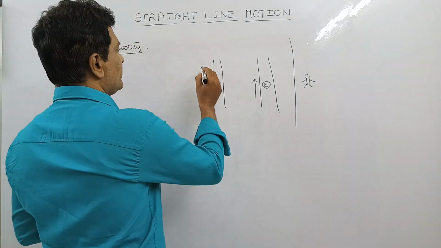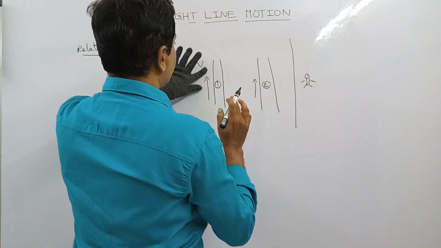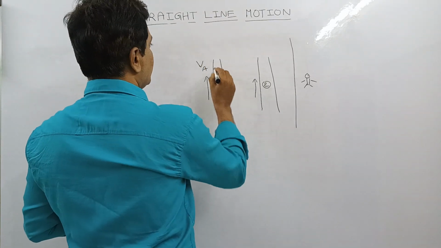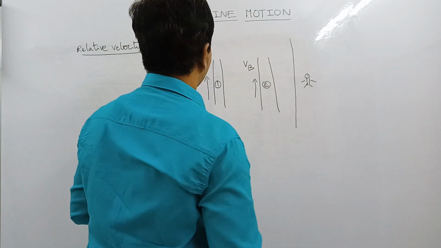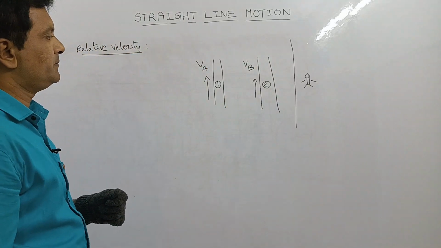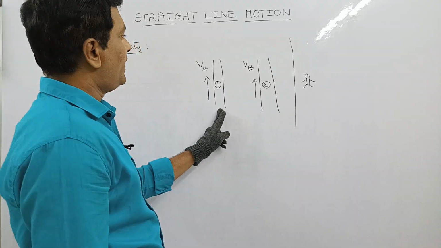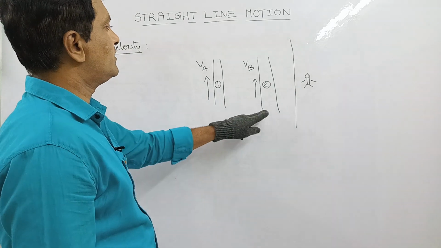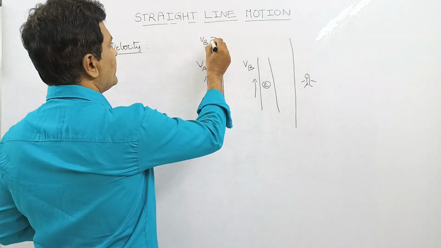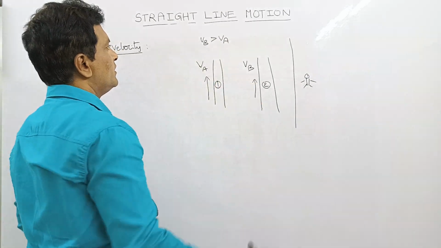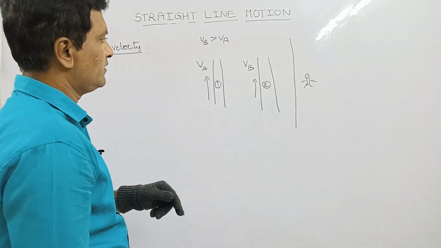One train is moving with velocity Va, and this train is moving with velocity Vb, or you can say speed. Suppose Vb is greater than Va, so this train is moving faster.